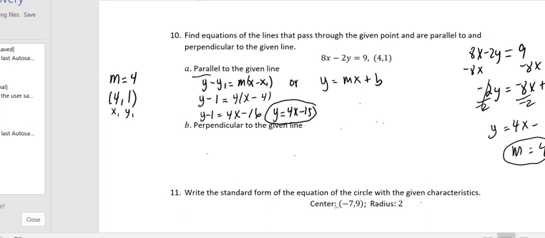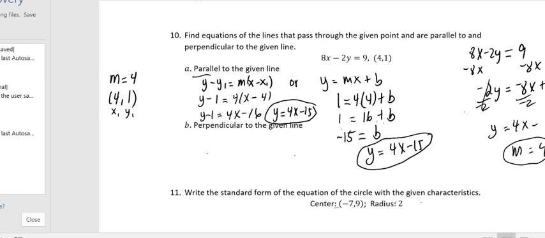If you want to use the second way, then this is what it would look like. Your y here is 1, your slope is 4, your x is 4, and so you're just solving for b, and then you would plug it in. Okay, so either way is okay.